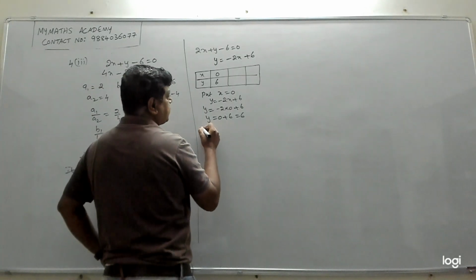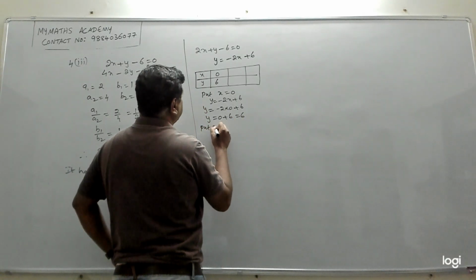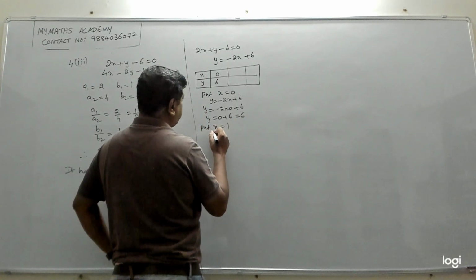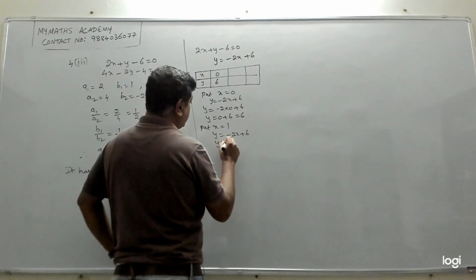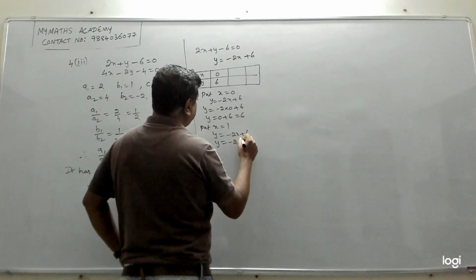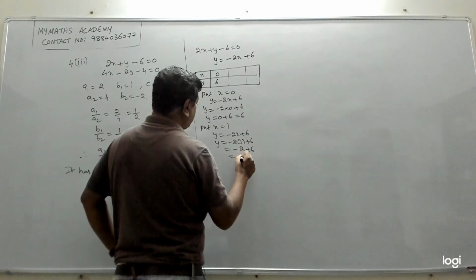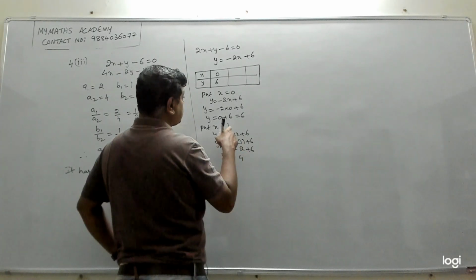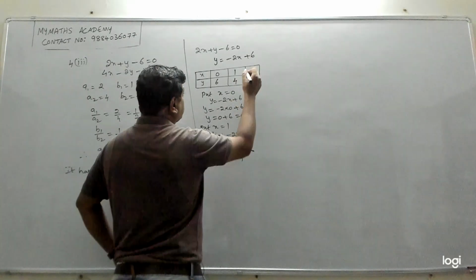Now we'll put the next value. We'll put x is equal to 1. When x is equal to 1, my y is equal to minus 2x plus 6. So y is equal to minus 2 into 1 plus 6. So that is minus 2 plus 6, which is 4. So my y is 4 when my x is 1. X is 1, y is 4. Now I'll put x is equal to 2.